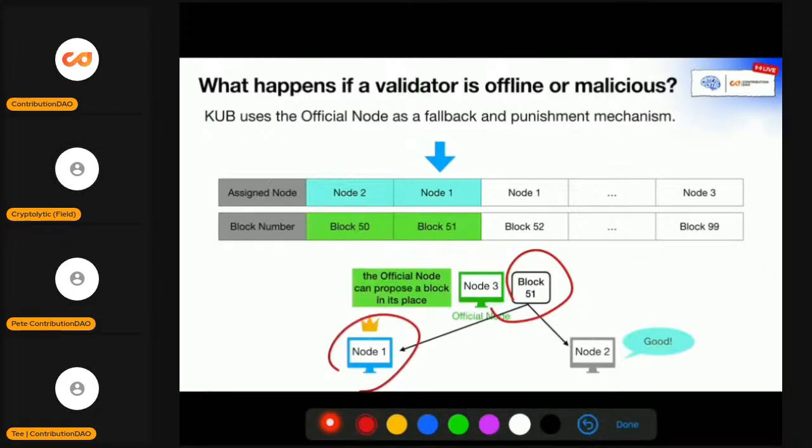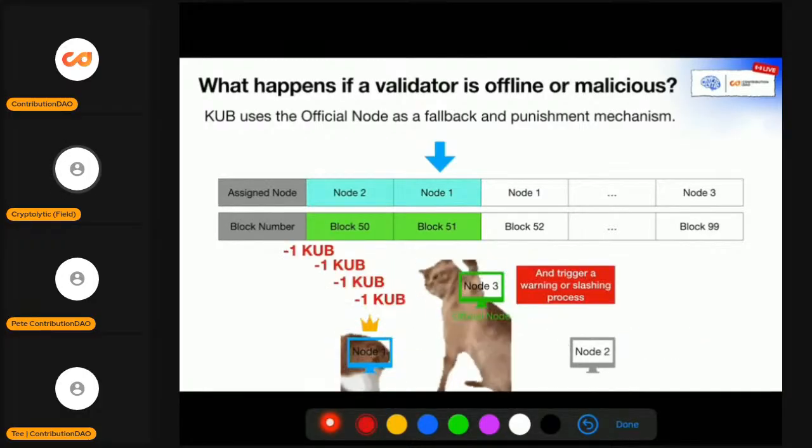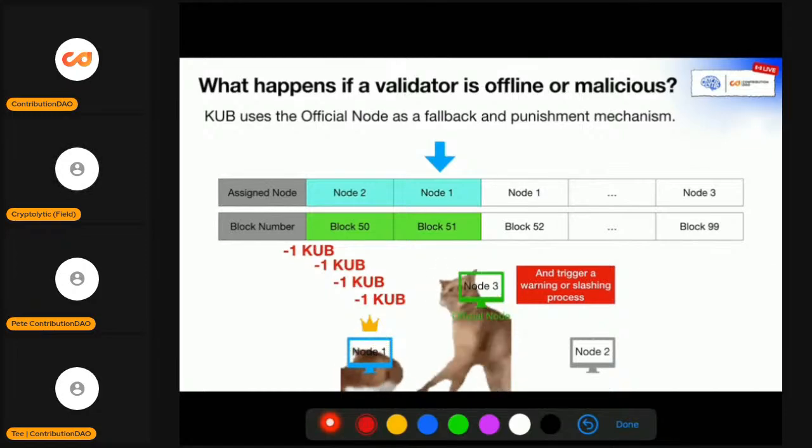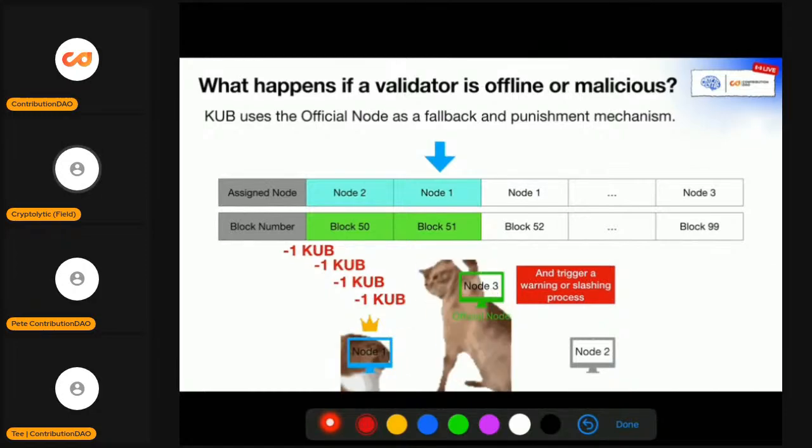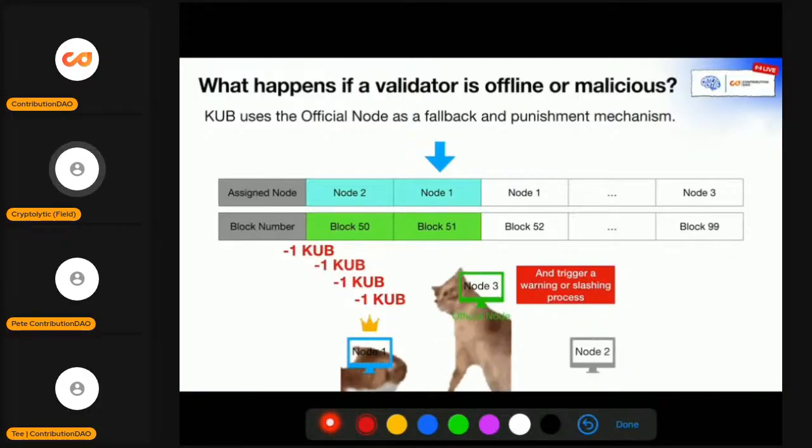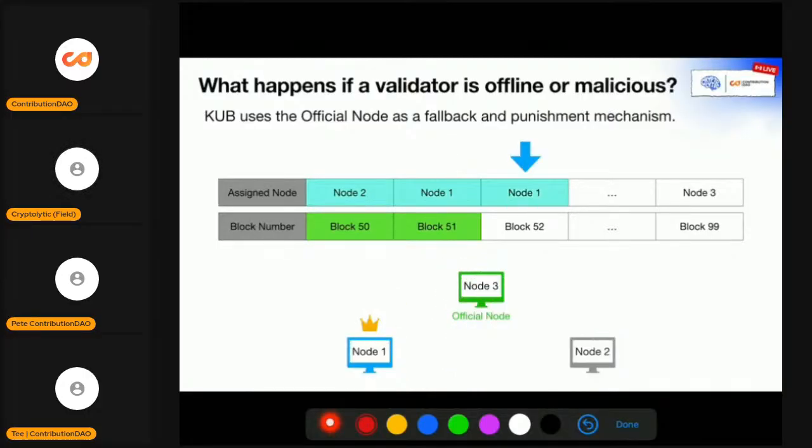Once it proposes, block 51 is sent to all other validators in the network. After that, you can trigger the slashing process to punish node 1 because it is the bad node.